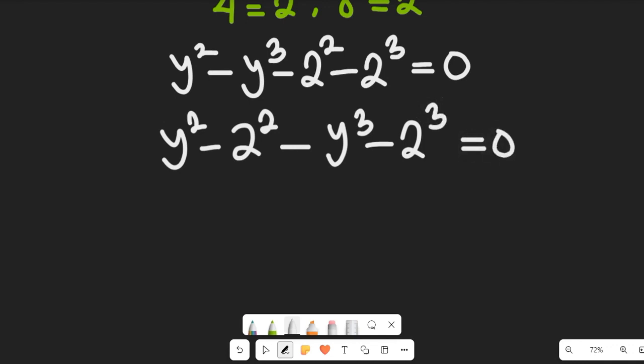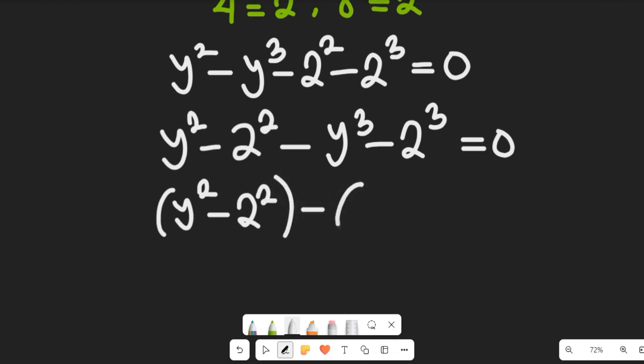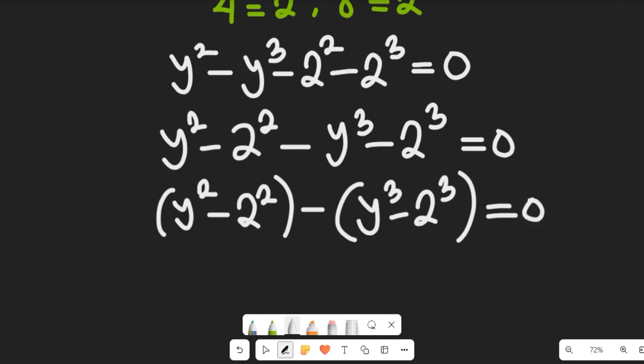Now grouping these two parts, we'll have y to the power of 2 minus 2 to the power of 2 on one side, and this will be minus y to the power of 3 minus 2 to the power of 3 on this other side, and this will be equal to 0.